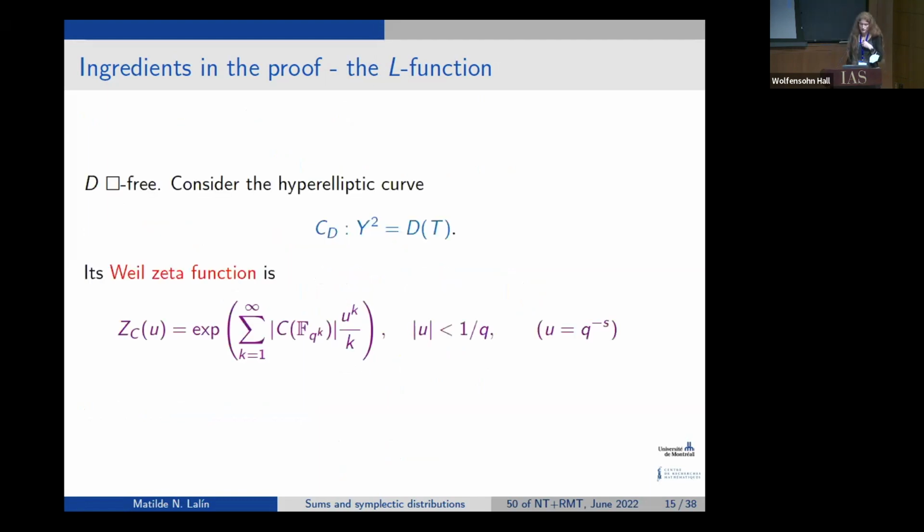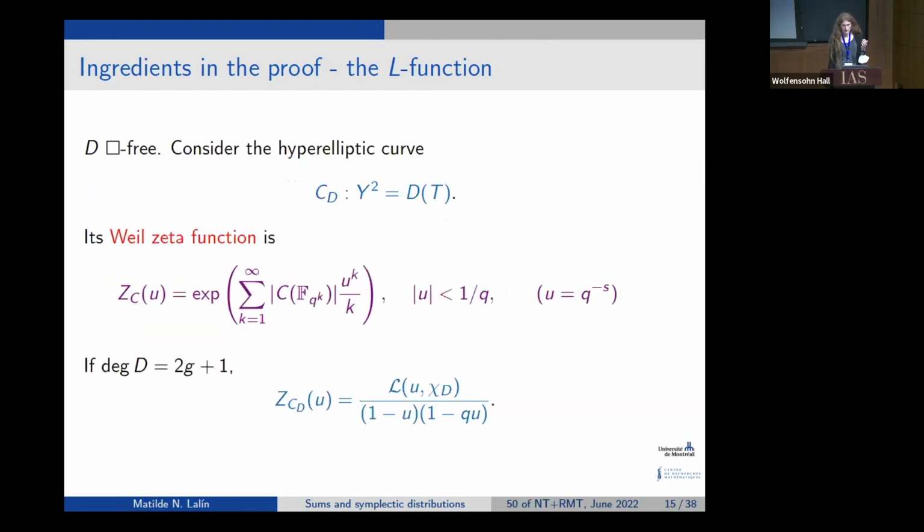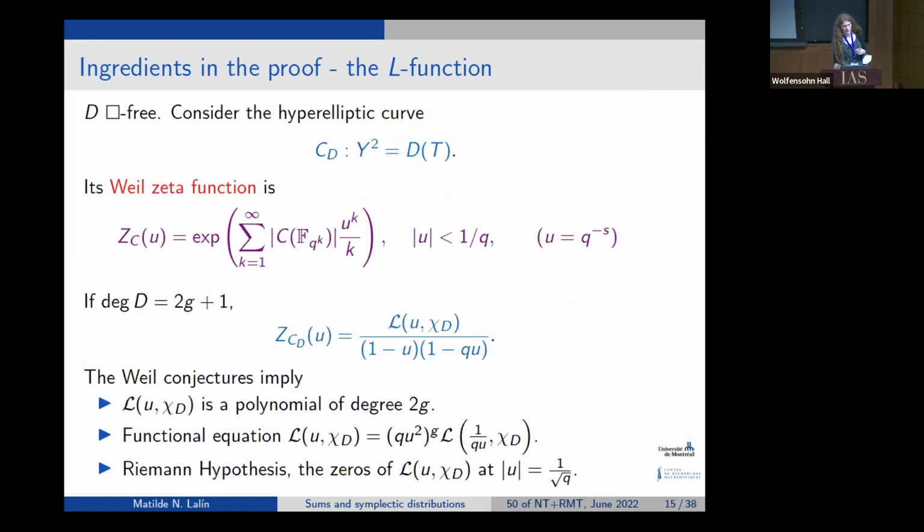Then we can consider the zeta function, and the L function attached to the character that I just described shows up as the numerator of the zeta function. And then the Weil conjectures imply that if we fix D, square free of degree 2g plus 1, then the L function is a polynomial of degree 2g.